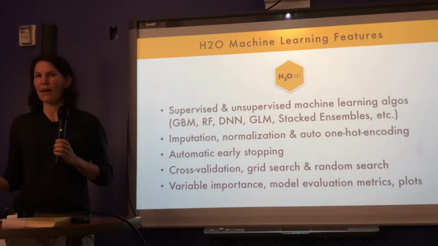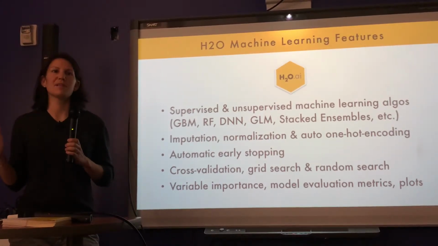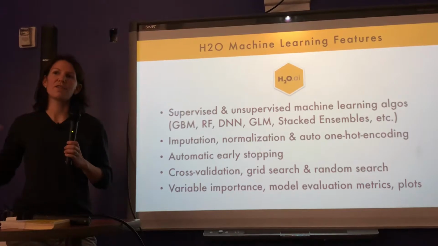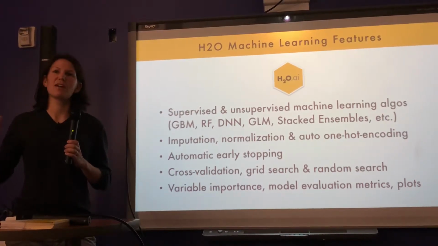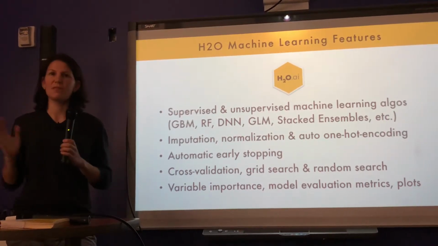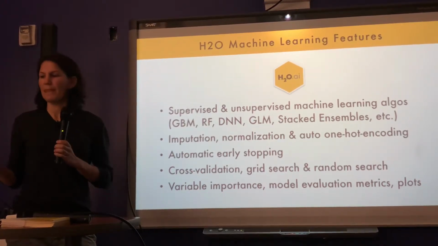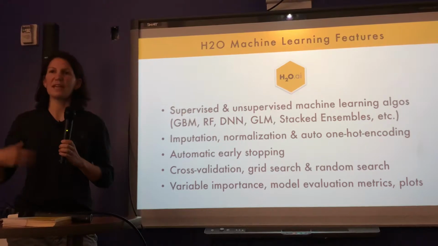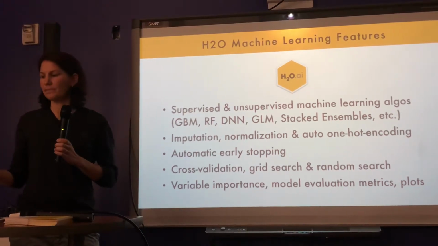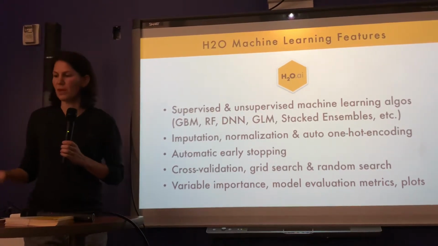So we have a smaller selection of algorithms than, let's say, scikit-learn, or if you're an R person, it would be Caret or MLR. But the ones that we've chosen are, we think, the most useful, and also they can scale, and that's why we've chosen the ones that we have.